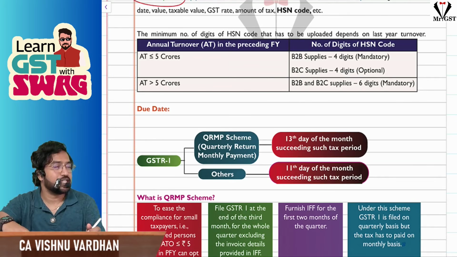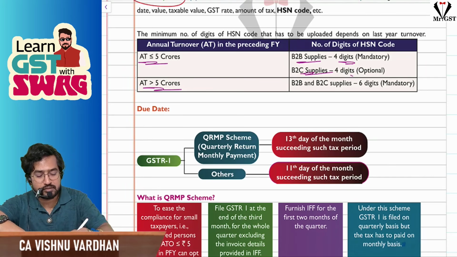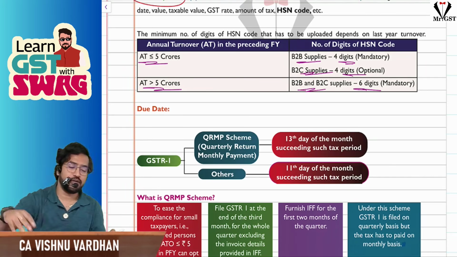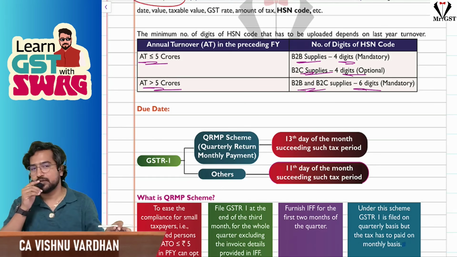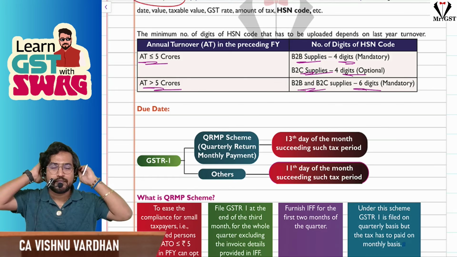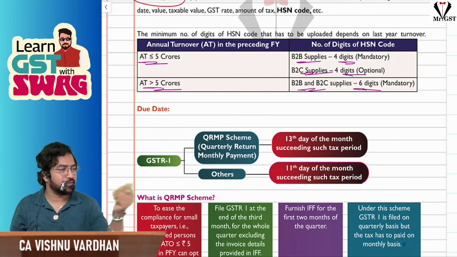Now listen. Aggregate turnover less than or equal to 5 crores or greater than 5 crores. HSN codes, 4 digits, 6 digits. Where have you read this? Registration chapter, section 22 or 23? Which chapter?